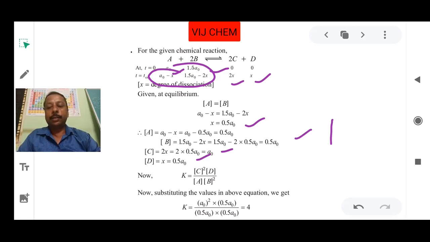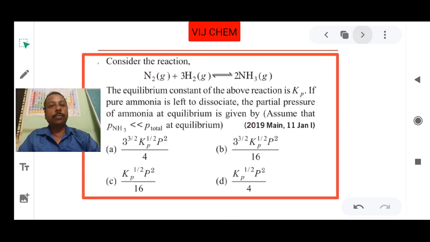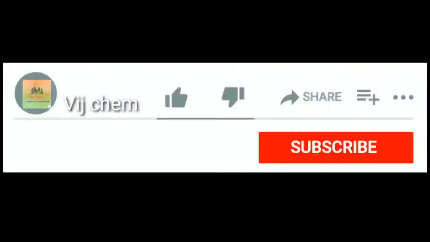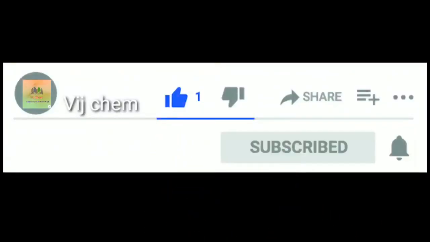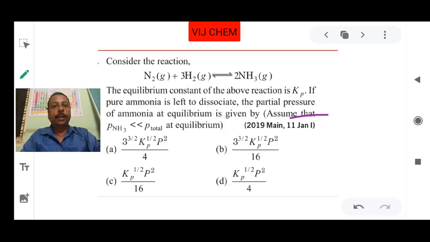Get set go. Here is the next question. N2 plus 3H2 reversible 2NH3, and this is the equilibrium Kp you have to find out.